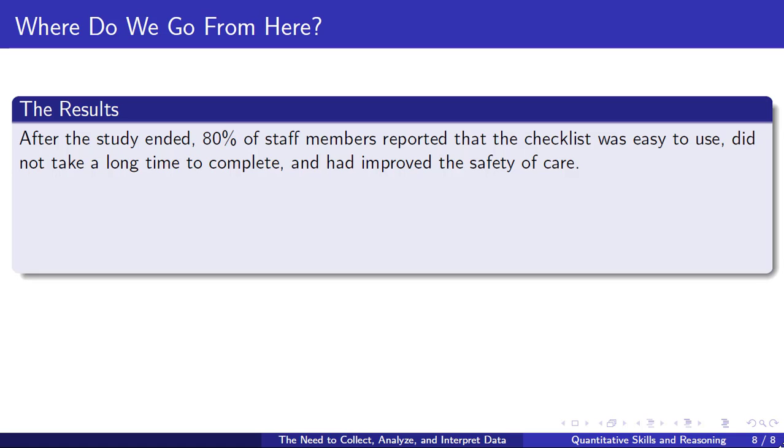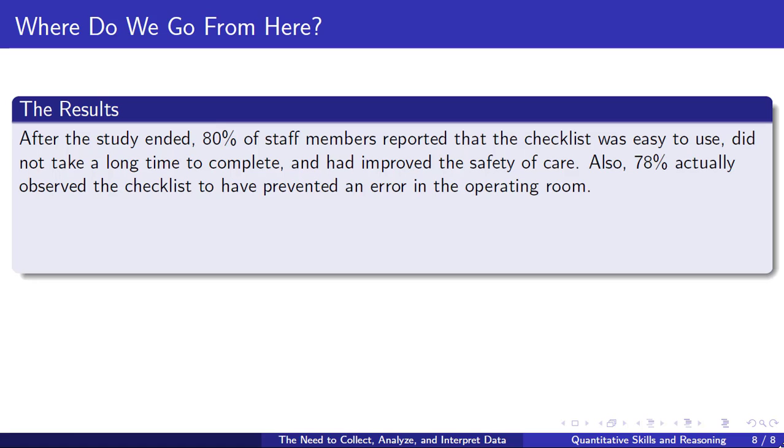So now the numbers are in. Here's where the fun begins. That little checklist, what happened? Well, 78% actually observed the checklist to have prevented an error in the operating room. So just going through that procedure at those different stages of the surgery, 78% prevented an error. Okay.